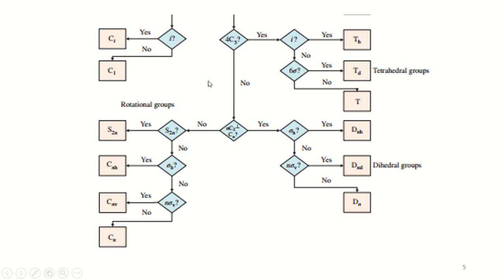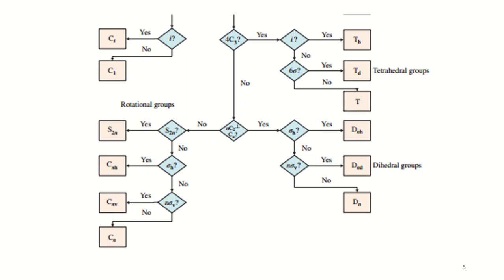We know that the symbol for the inversion center is small i. So if there is identity and an inversion center in a molecule, we have to write the Ci point group. And if there is no inversion center and no plane of symmetry, and only identity is present, then we write the point group C1 for that molecule.